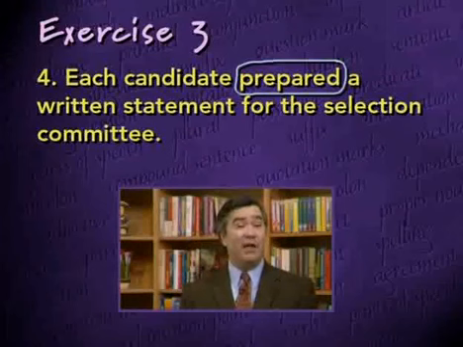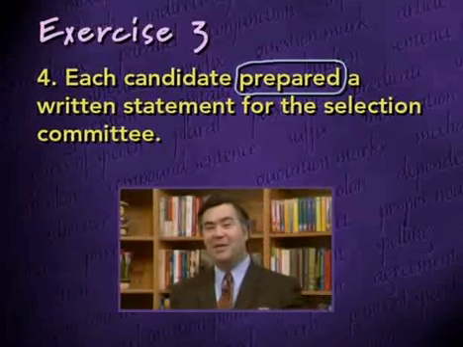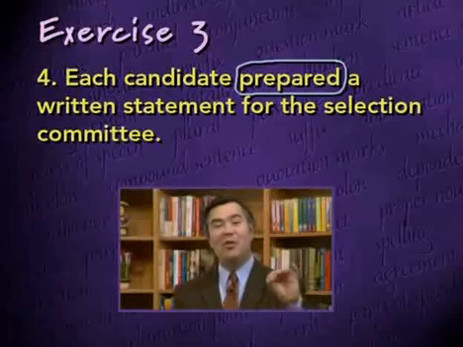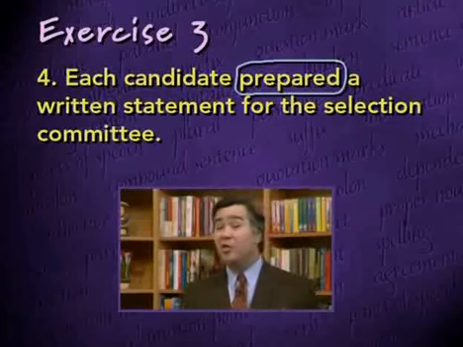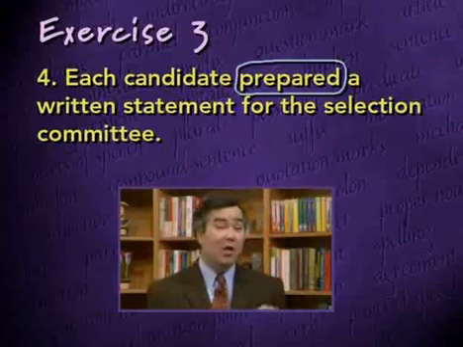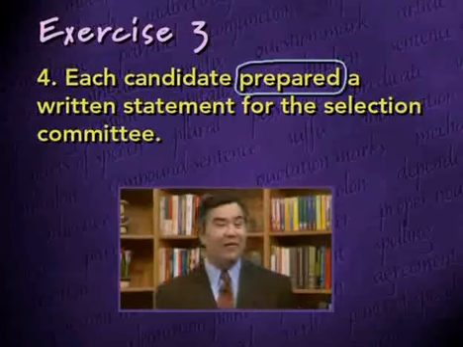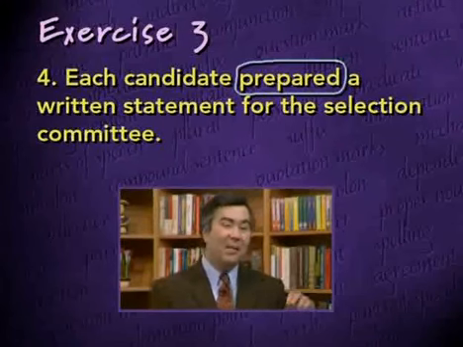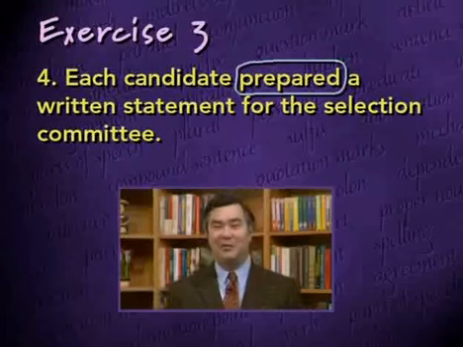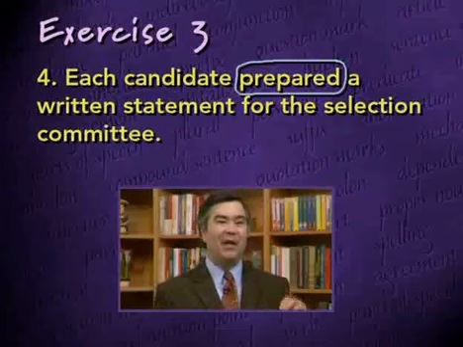Is there an indirect object, a word appearing between the verb and the direct object, which tells to whom or for whom the statement was prepared? The answer is no. There is no indirect object here. Once again, as in a previous example, we have an answer to the question for whom the statement was prepared, but it appears in the form of a prepositional phrase at the end of the sentence, rather than as a true indirect object.